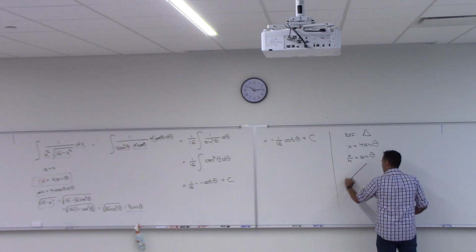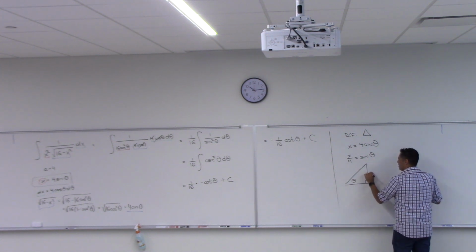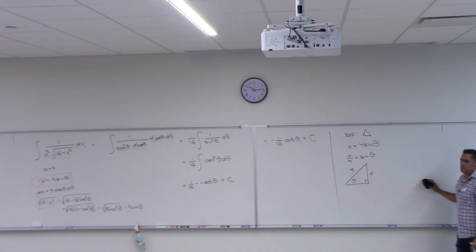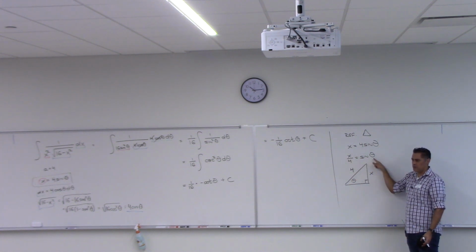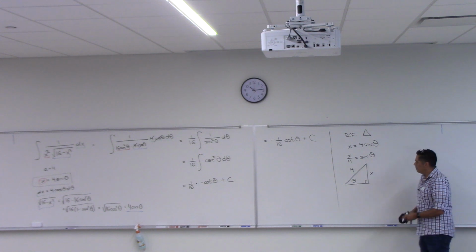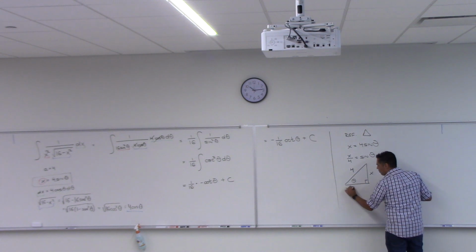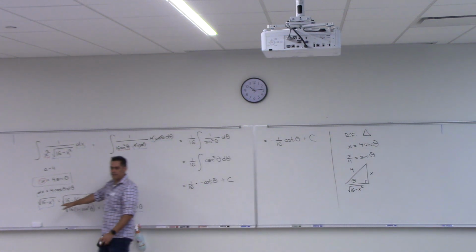So my reference triangle, here's theta. Opposite is x. Hypotenuse is 4. Opposite over hypotenuse. That's the definition of sine, right? And then I can solve for this side. I'm not showing this work, but it would be square root of 16 minus x squared, which is actually this root thing right here, isn't it?